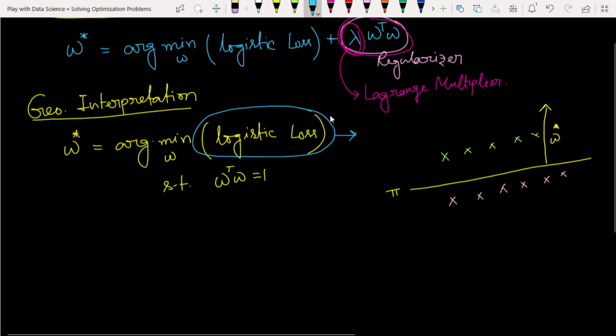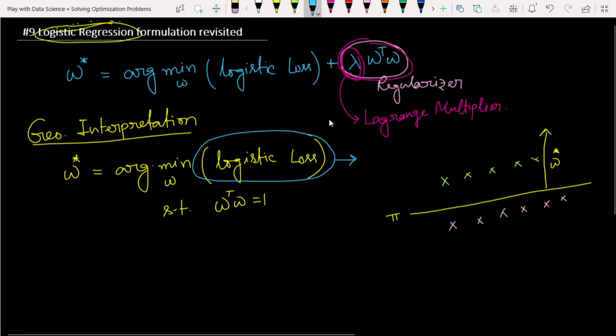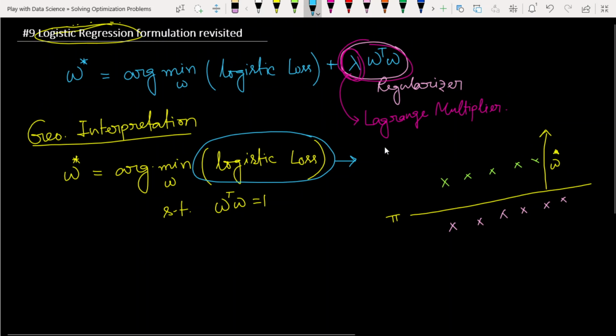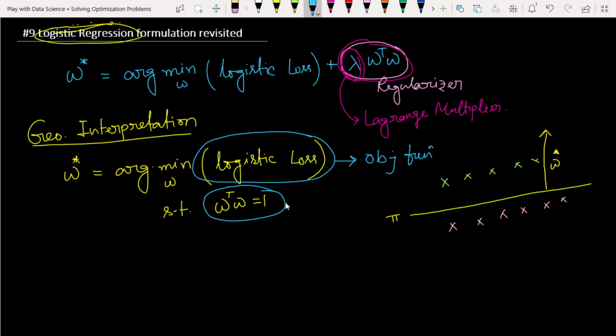If you remember the multiple constrained optimization problem, this is the objective function, and this is an equality constraint. So the logistic function can be interpreted as a constrained optimization problem like this.